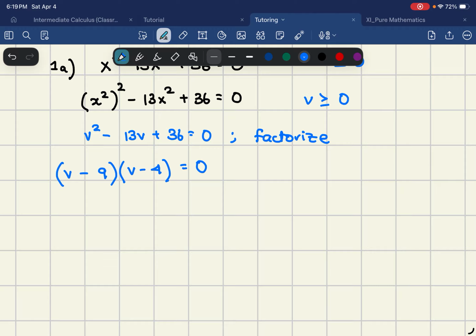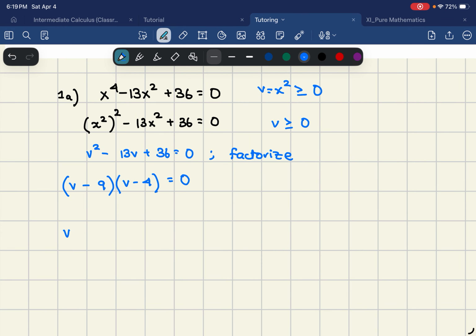So if you use the sum and product method, you can get this factorization. But if you're not comfortable with factorizing it like this, then another option is to use the quadratic formula. That is also perfectly valid. But factorization gives me this. So I know that v is equal to 9 and v is equal to 4.